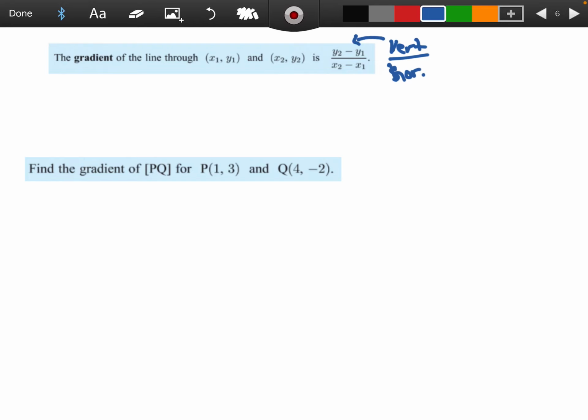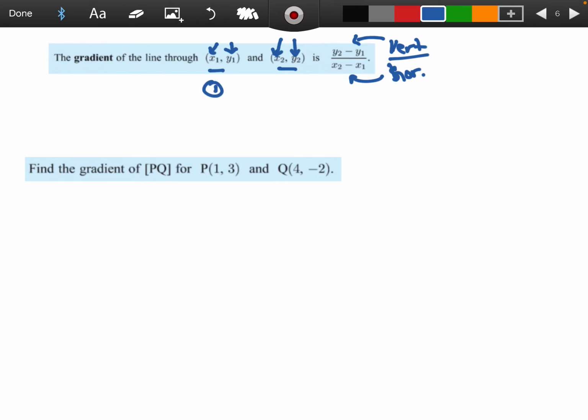So vertical is denoted by y, my y coordinates. Horizontal step is denoted by my x coordinates. So every point has an x coordinate and it has a y coordinate. We talked about that in the beginning of this unit. Every set of coordinates, every ordered pair, has an x and a y.